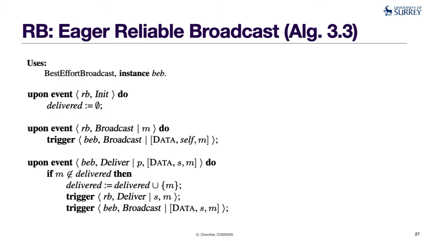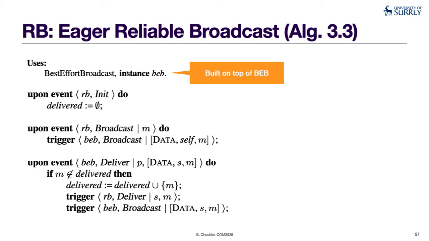So let's first talk about the implementation of reliable broadcast. For reliable broadcast, as well as for the uniform reliable broadcast implementation that we will discuss later, we won't be dealing directly with perfect point-to-point links, but we will rather assume that we already have access to the implementation of the best effort broadcast primitive.